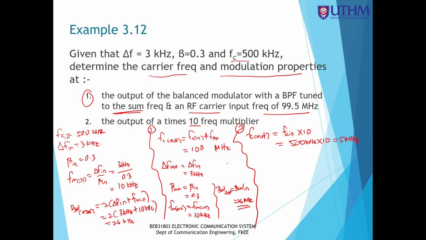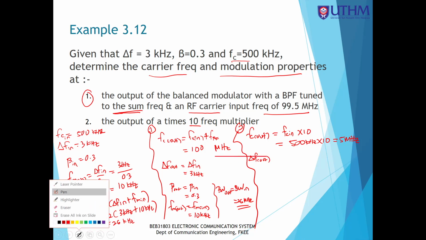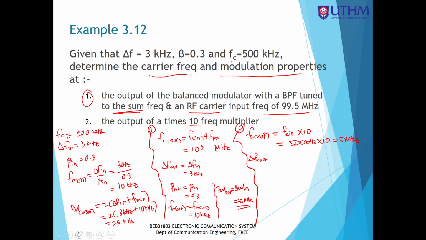Then delta F out is equal to delta F in multiplied with 10, so 3 kilohertz multiplied with 10 is 30 kilohertz.